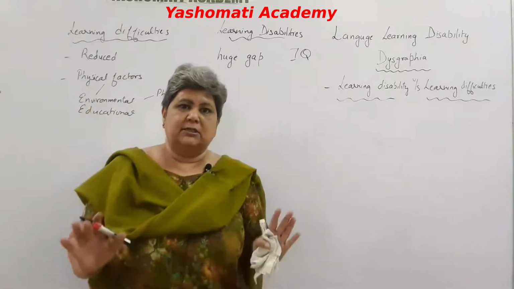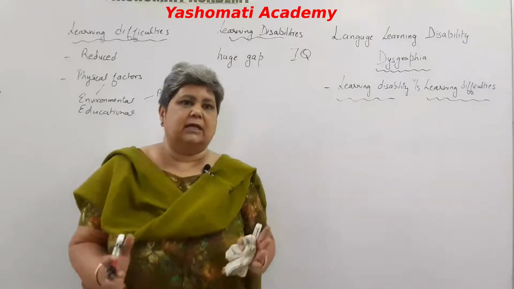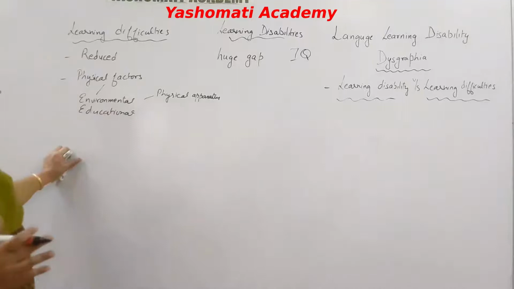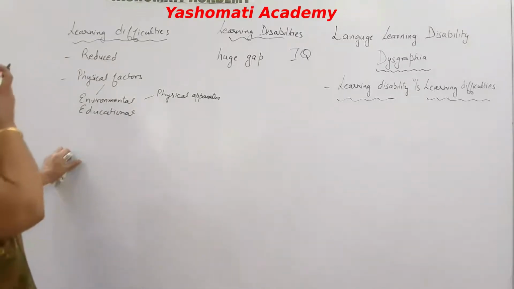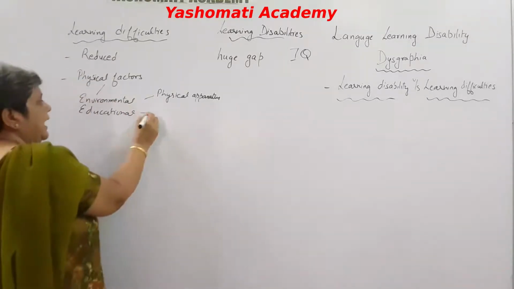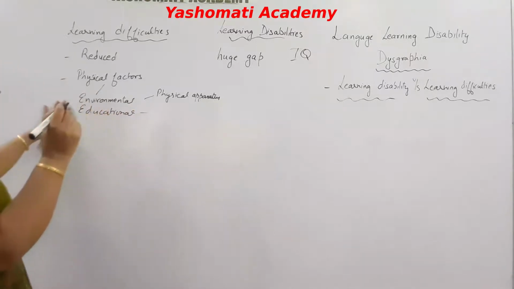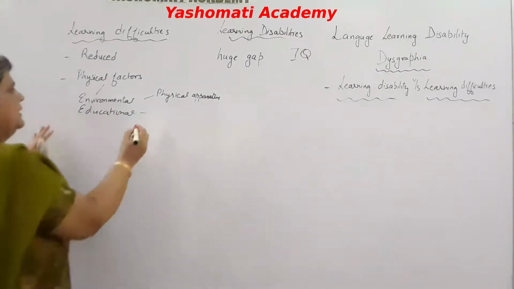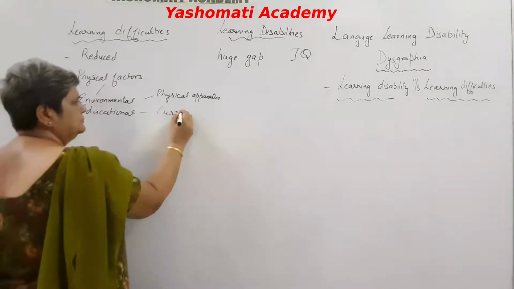Or due to certain reasons which are lying outside the learner, he is not able to perceive the stimulus which is required for proper learning. Or it may be educational. When we say educational characteristics, then maybe the curriculum is not proper.